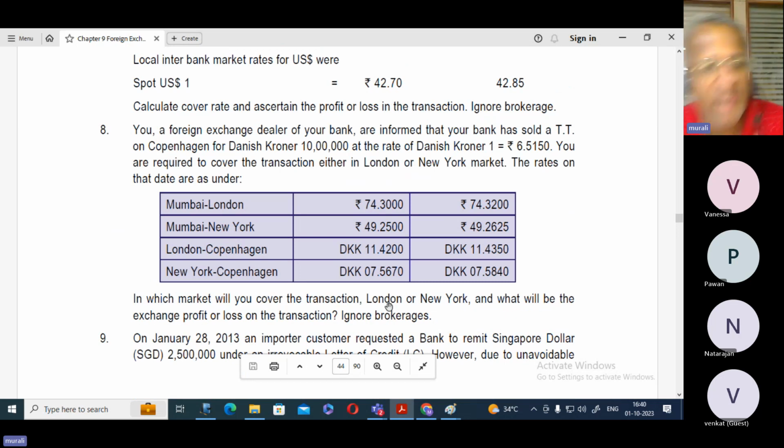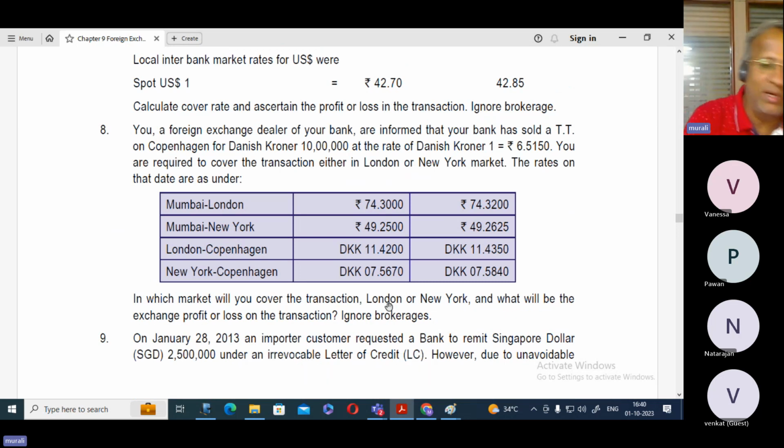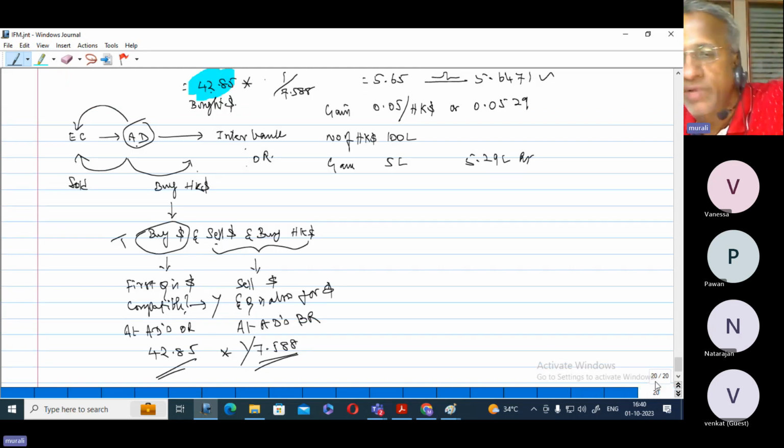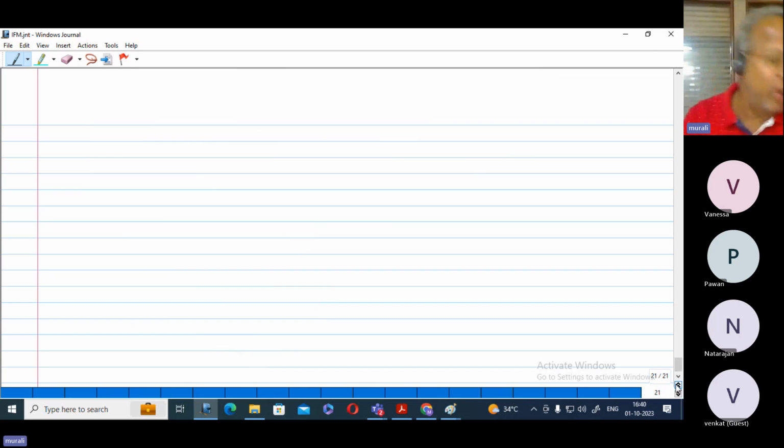See, you are a foreign exchange dealer. Natarajan, what you can do is that whenever you are saying that you require more time to understand, I understand that. So you should only be thinking this way. First one, I buy US dollar and the quote is for US dollar, correct?